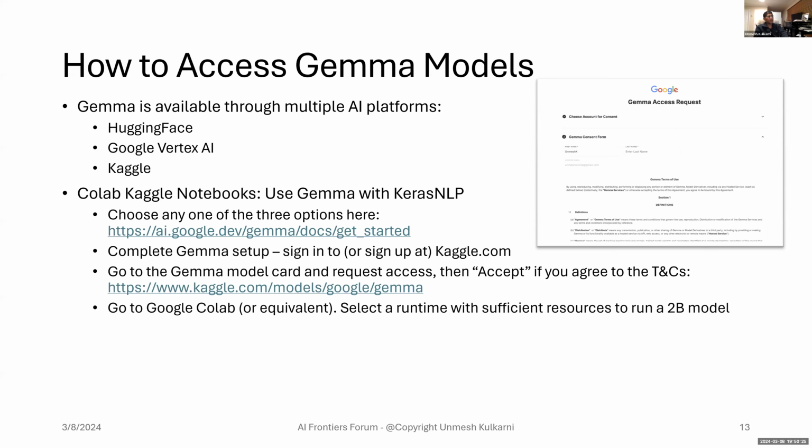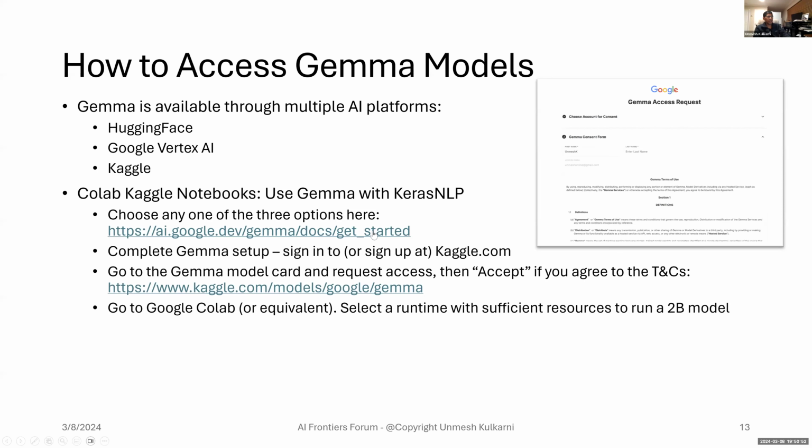But if you have access on any of these methods, just go and use it. I would recommend Vertex AI if you have a proper corporate account, or if you want to open a free account with $300 credit. Otherwise, Hugging Face and Kaggle also, of course, let you download the model weights and play with it. So for Google's own Colab, there is a Kaggle notebook that's available that lets you use Gemma with KerasNLP.